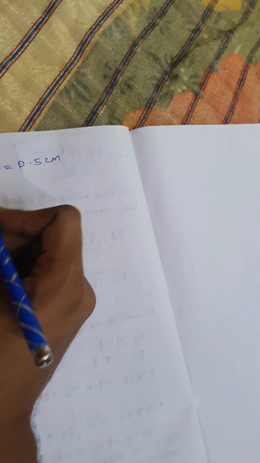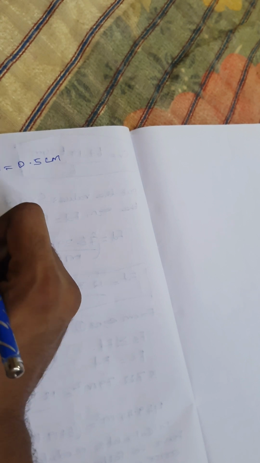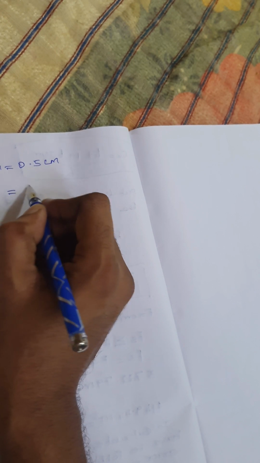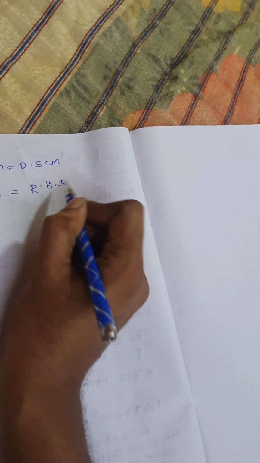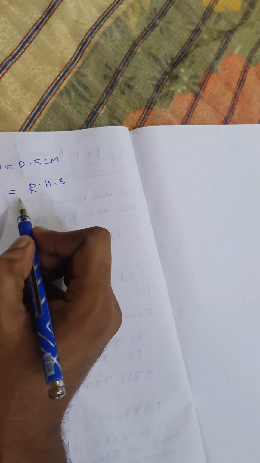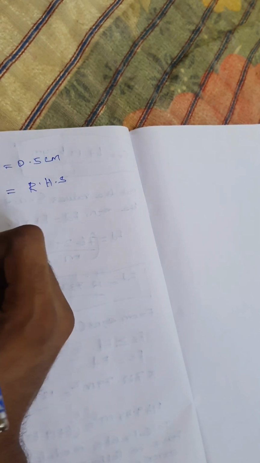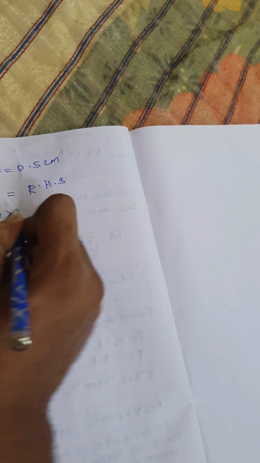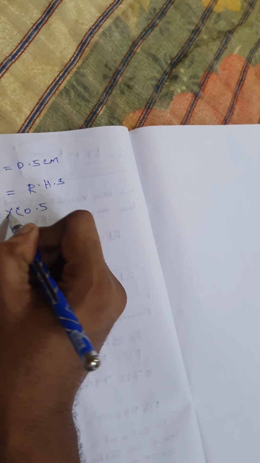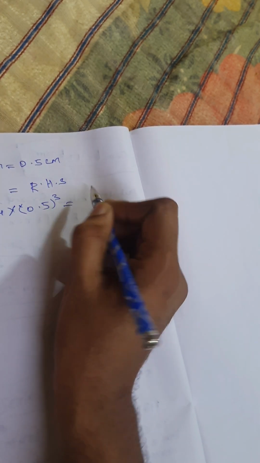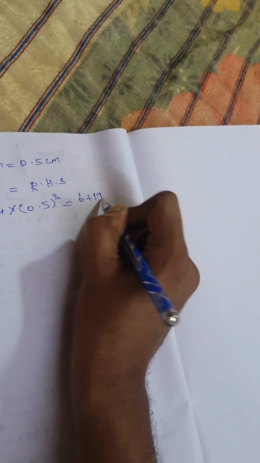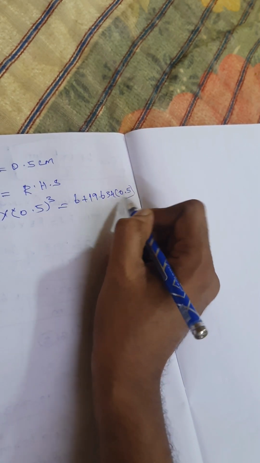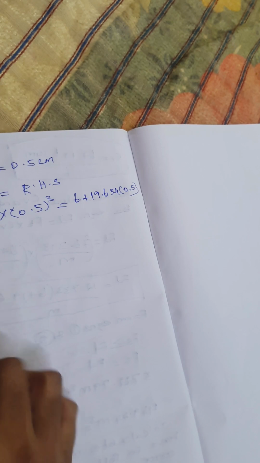The LHS value and RHS value should satisfy this condition. So 449.44 into 0.5 cube is equal to 6 plus 19.634 into 0.5.